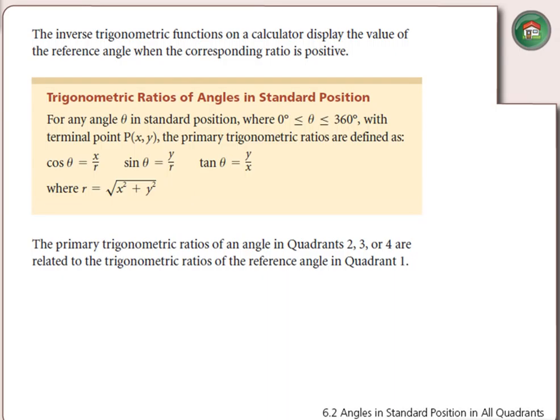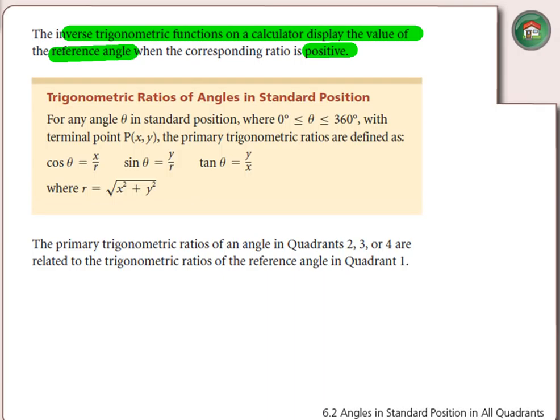Here's kind of an important statement. If you're using your calculator to find an angle, if the ratio is positive, it's always going to give you the reference angle. And I'll show you what I mean by that as we go through questions. So there's your boxable item there of your trig ratios, cosine, x over r, sine, y over r, tan, y over x.